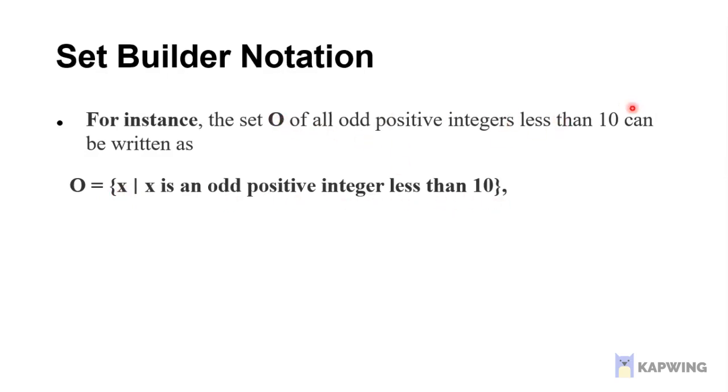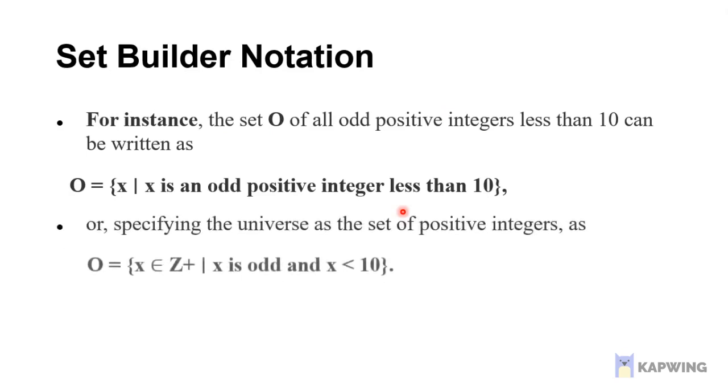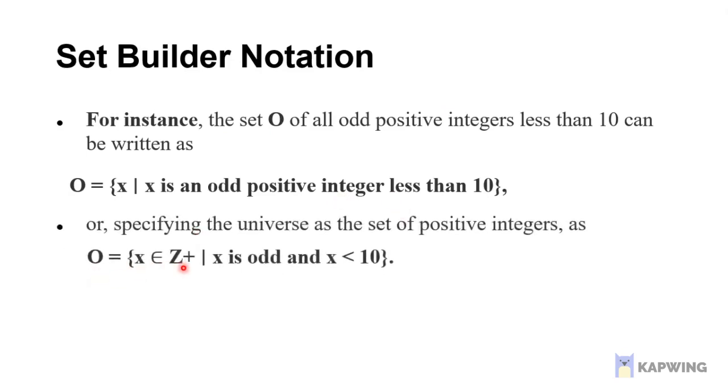In the question they have asked to form a set of odd positive integers less than 10. So this is the notation, or you can also write x belongs to Z plus, this is positive integer, we have seen Z plus means positive integer, such that x is odd and x is less than 10. In both forms you can write it.